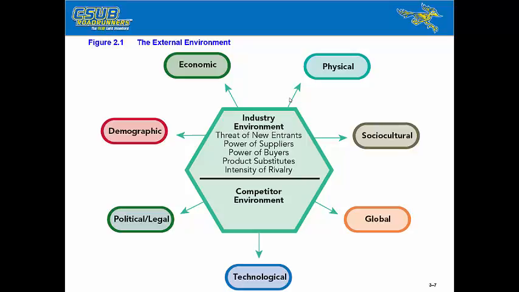Porter's five forces are five different structural factors that define any industry at a given point in time. And those are listed right here under industry environment. So Porter's five forces are the inner part of this box. And those may change over time, but at any given point in time, they're fixed for a given industry.